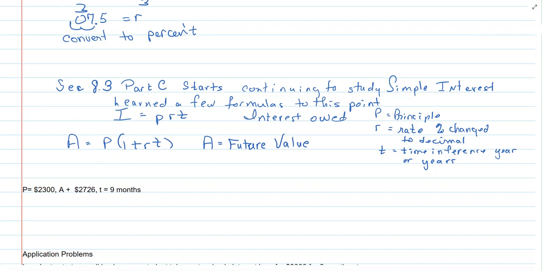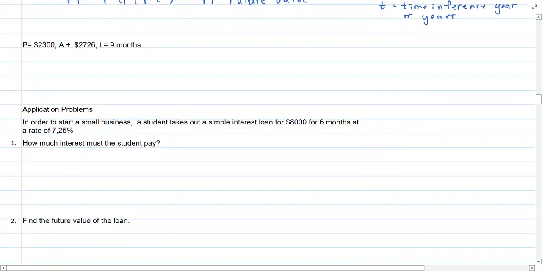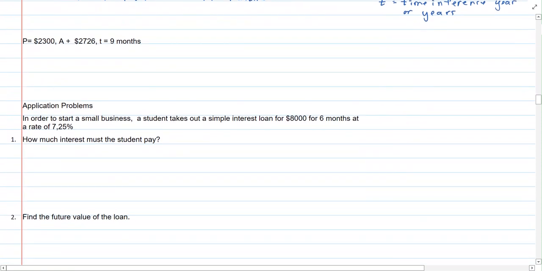Again, we know the parts. This is A equals P, parenthesis, 1 plus R, meaning the rate, and T, meaning time. Okay, then we learned to use these formulas.